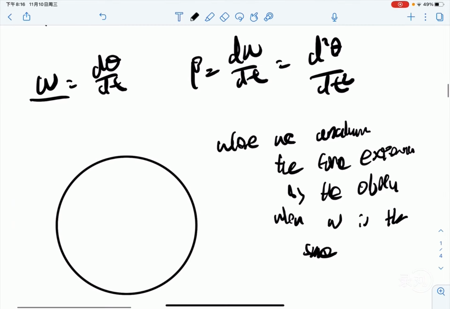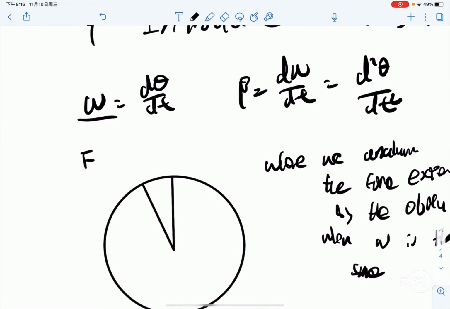So basically this is rotating with the same angular velocity over time, and we want to find out the amount of force it experiences. By the definition of force, which is dv dt, we can see that v is also changing direction. So there must be a force acting upon it.